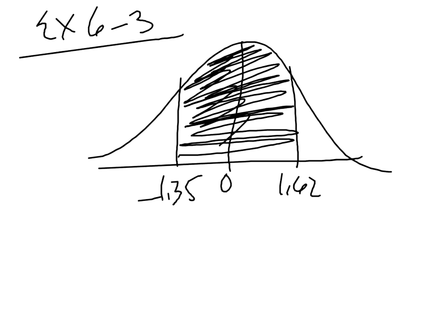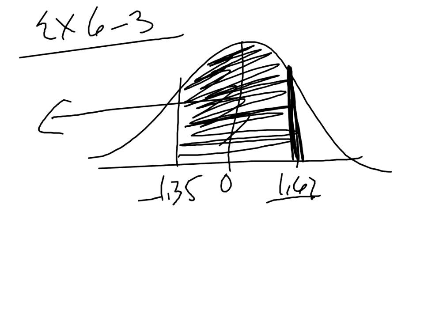Now, the best way to do this would be to use the complement again, and I'll try to explain what's happening here and the way I would approach this problem, because there are a couple of different ways that can be done, but we'll stay with the book. We can find all the area from 1.62 all the way to the end of the curve.